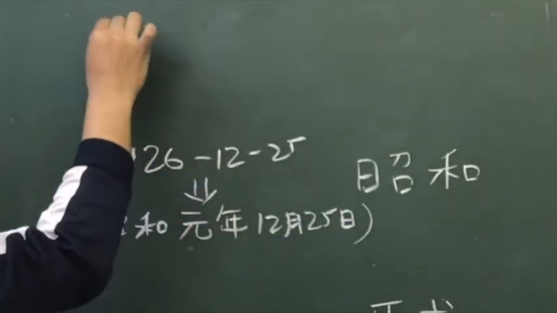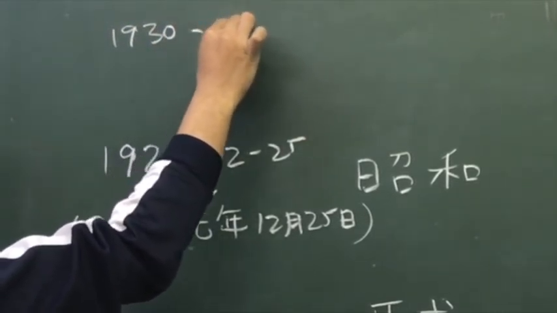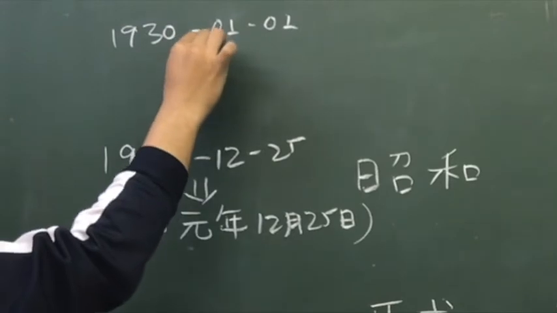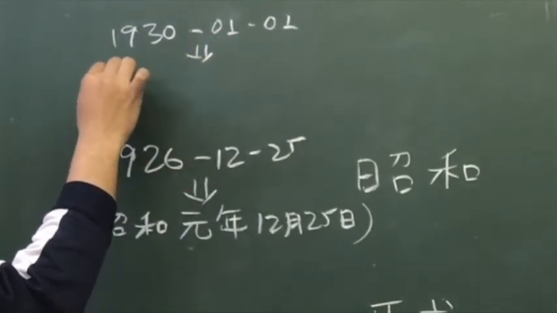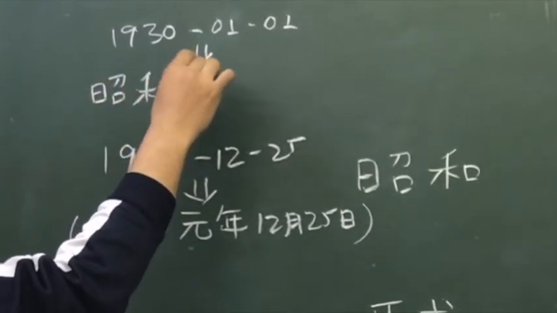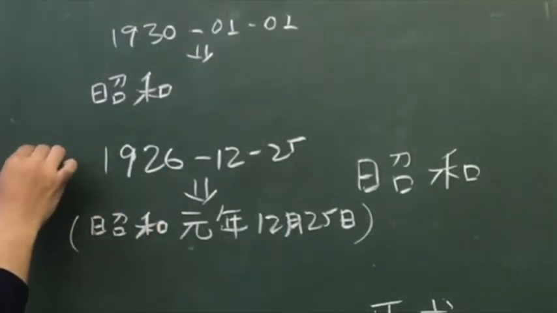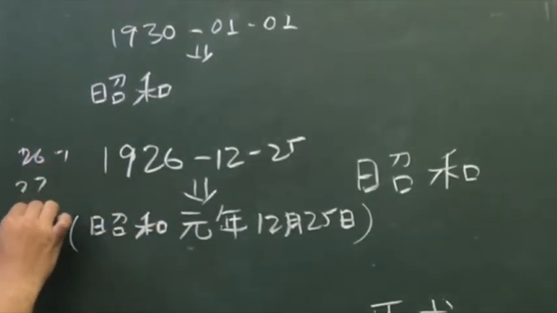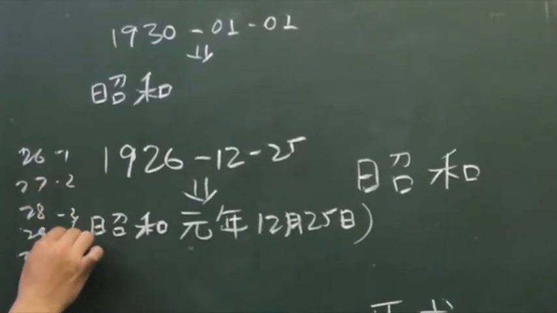If it is, suppose, 1930, for example 0101, at the time it would be Showa. 26 would be 1, then 27, 28, 29, 30, so it would be 5.